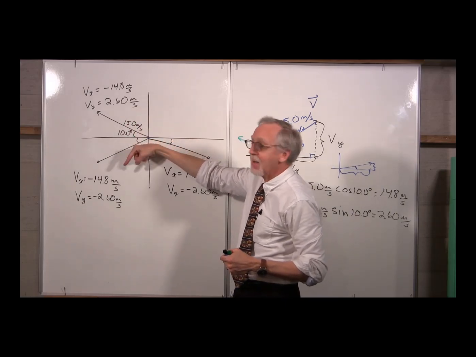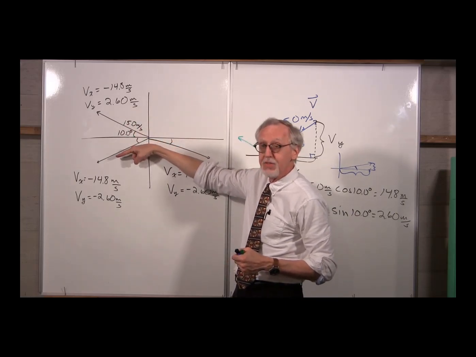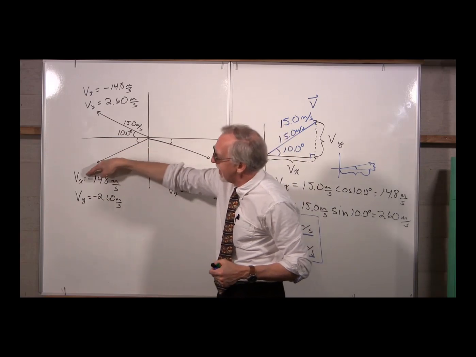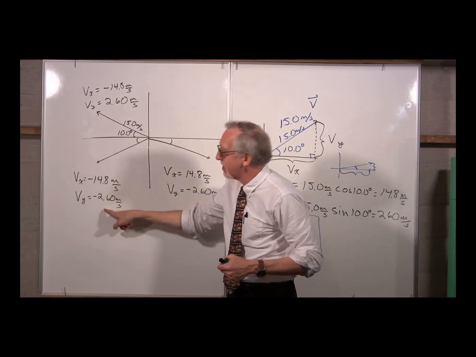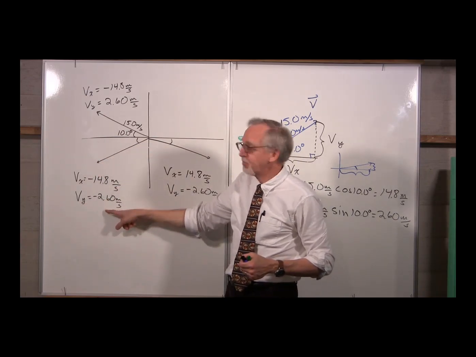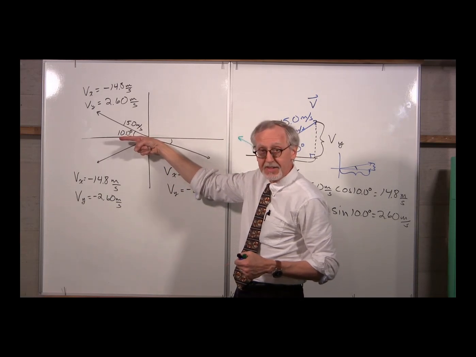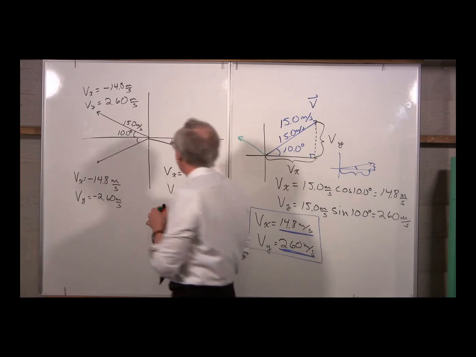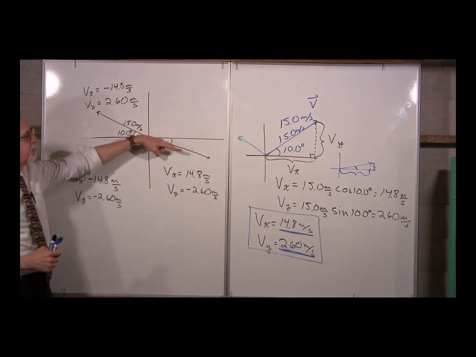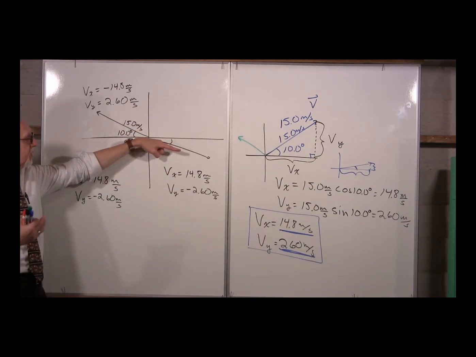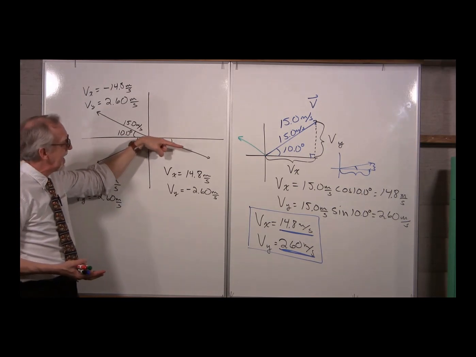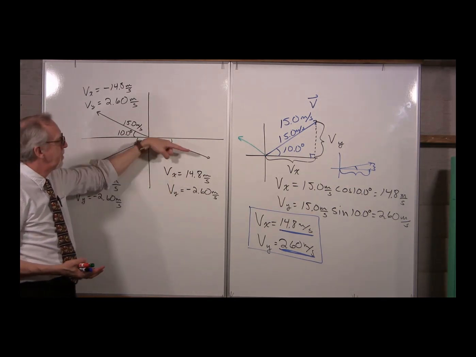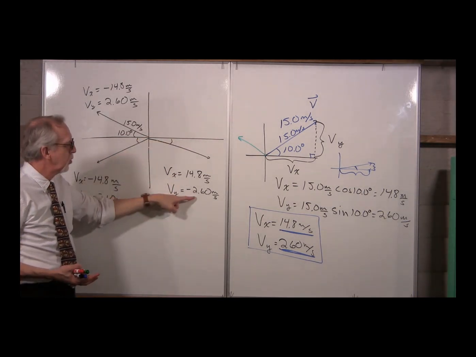Let's say same magnitude but 10 degrees below the negative x-axis. Well, then the x component would be negative and the y component would be negative. It's pointing to the left, so Vx is negative. It's pointing down, so Vy is negative.